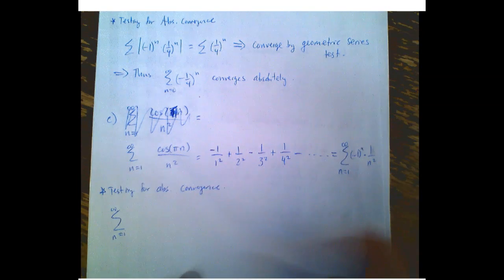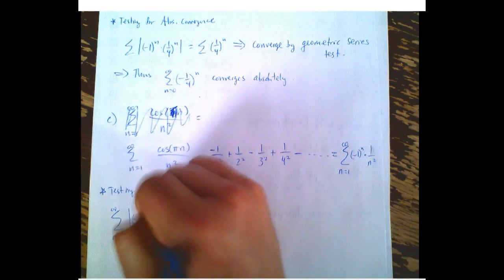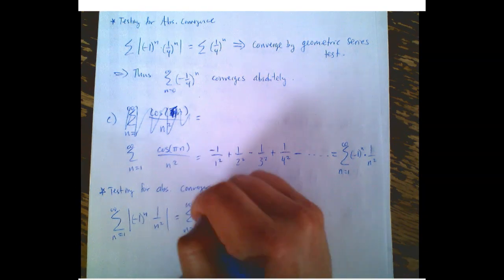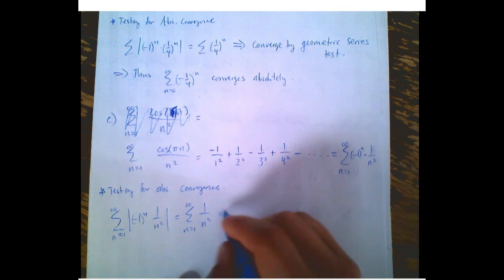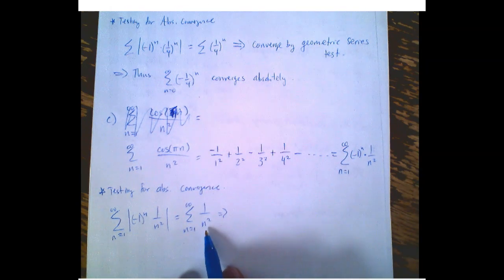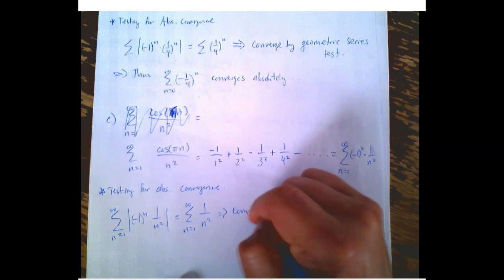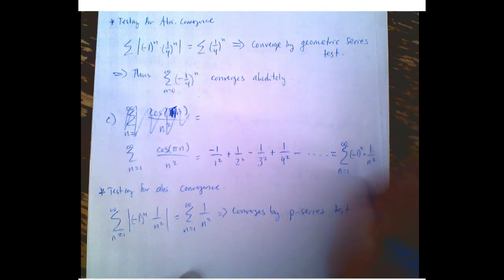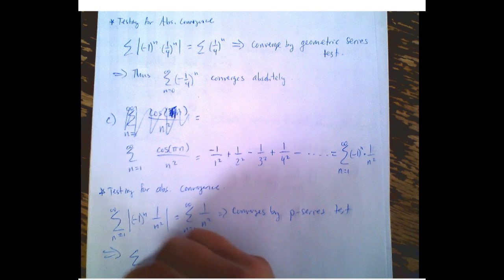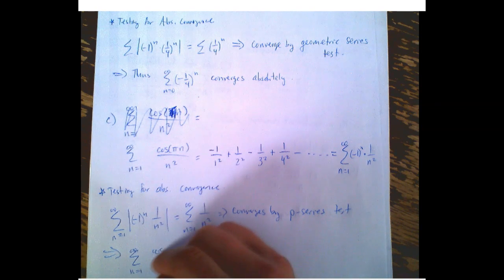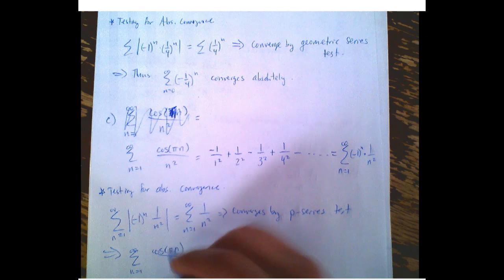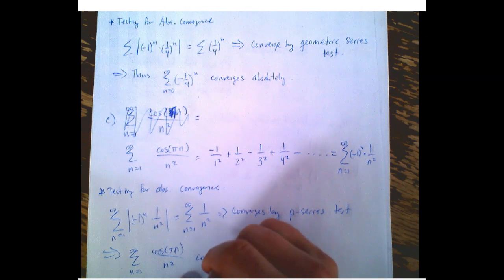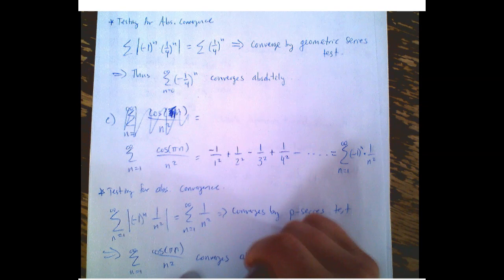We'll be using this form, which is just the 1 over n squared. And we've seen this several times today. This is a p-series. P is bigger than 1, so it converges by p-series test. Thus, sigma n goes from 1 to infinity, cos pi n over n squared converges absolutely.